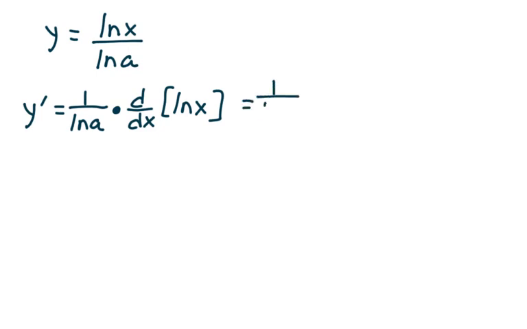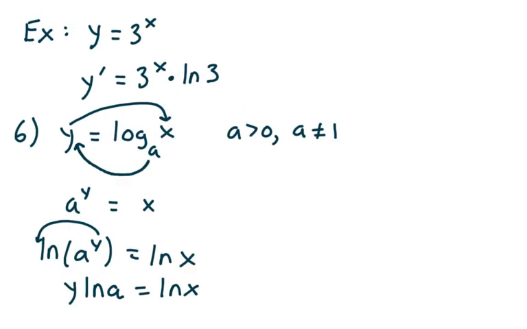So this is 1 over the natural log of a times 1 over x. And so therefore, y prime is 1 over x times the natural log of a. So I relate it back to the natural log. Okay, so notice it's 1 over x times the natural log of that base, right there.